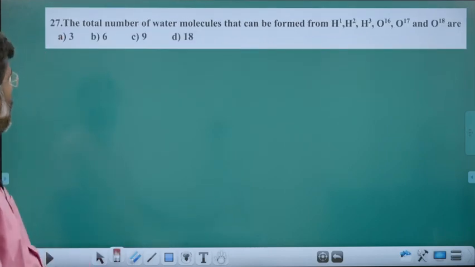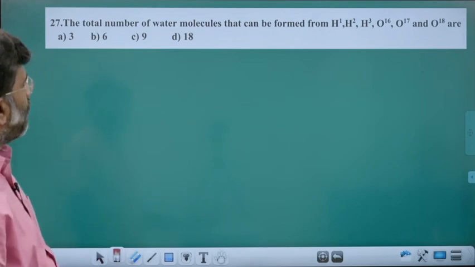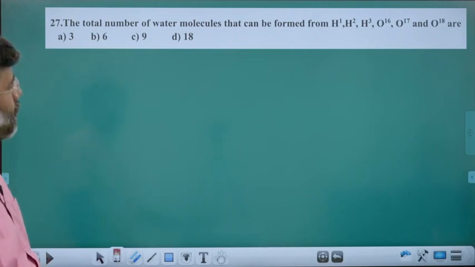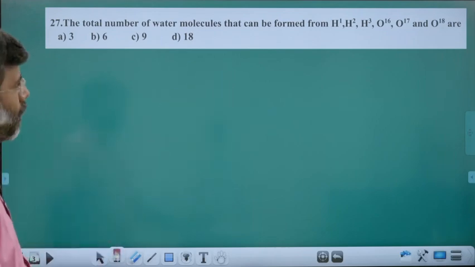Next. Total number of water molecules that can be formed from the 3 isotopes of hydrogen and the 3 isotopes of oxygen.